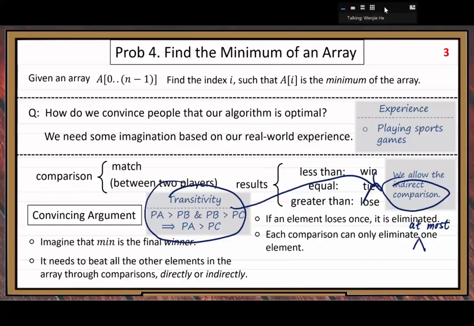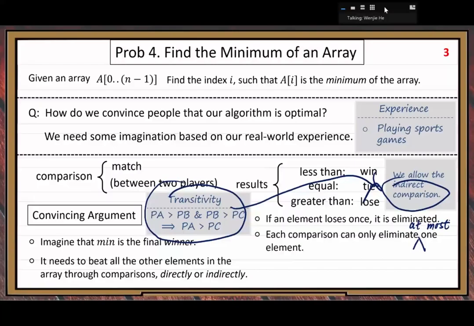You messed up, you couldn't keep track of your data correctly. You do some comparison, but it does not generate any useful information, so you waste this comparison. That could happen in real world programming.